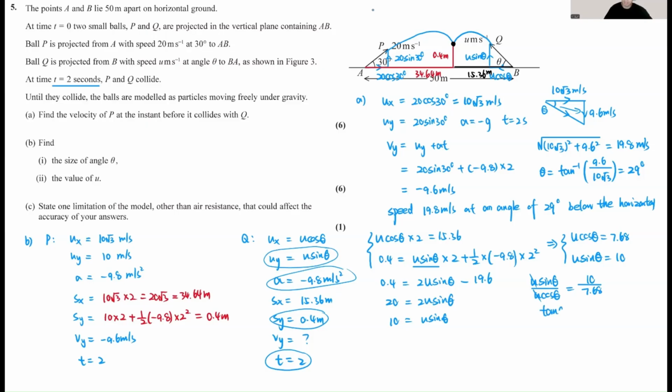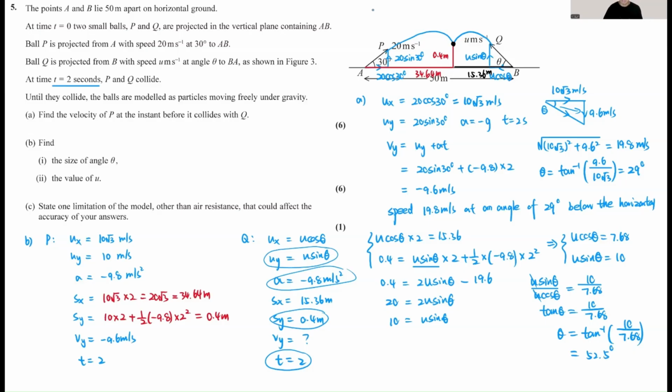Then we have tan theta is equal to 10 over 7.68. So theta should be just tan inverse of 10 over 7.68. So put in the calculator, tan inverse of 10 over 7.68 is equal to 52.4757. So we can round it, so 52.5 degrees.